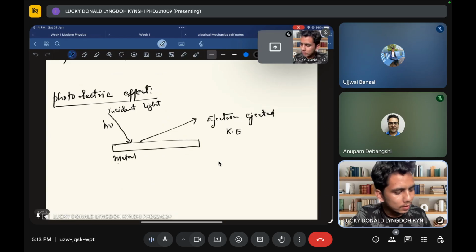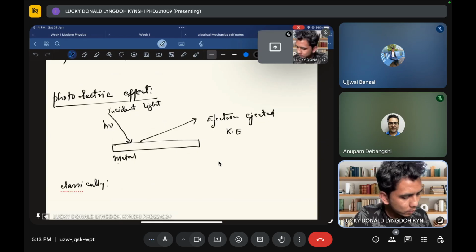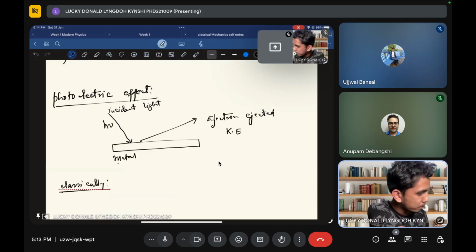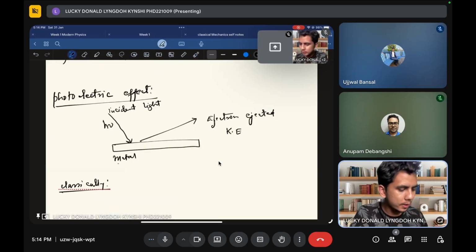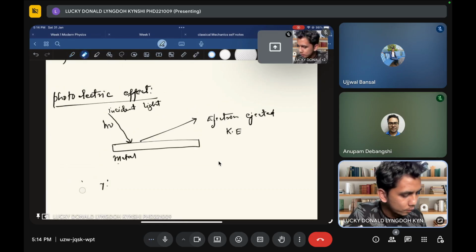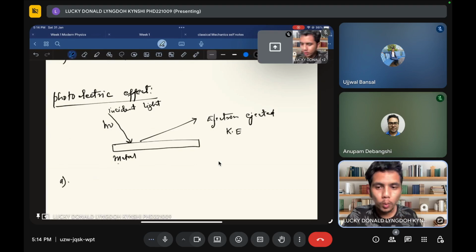Now, what does classical physics say? Before we move to that, I'll explain the observations. When you do this experiment, you shine light on a metal and electrons are ejected.